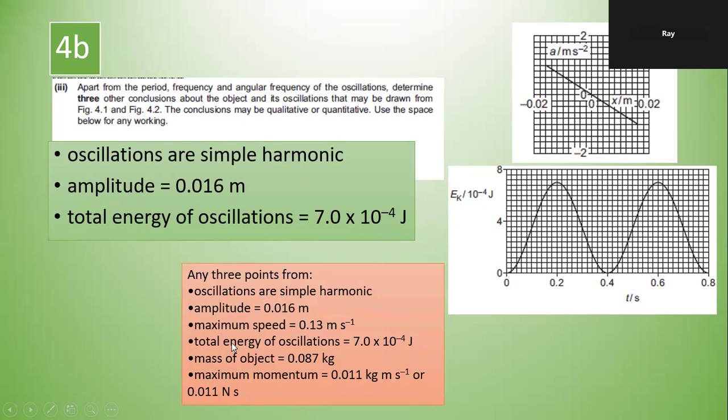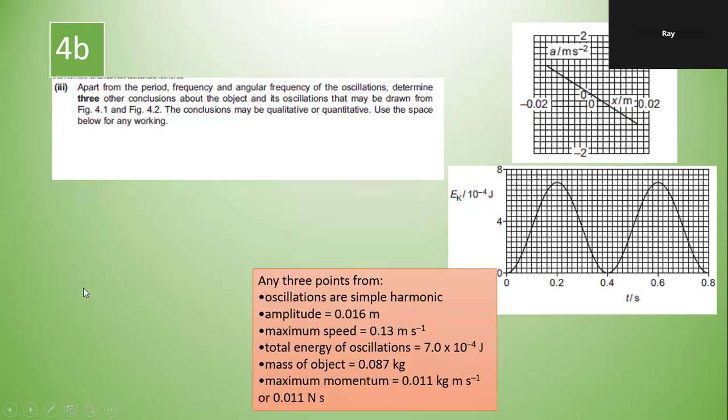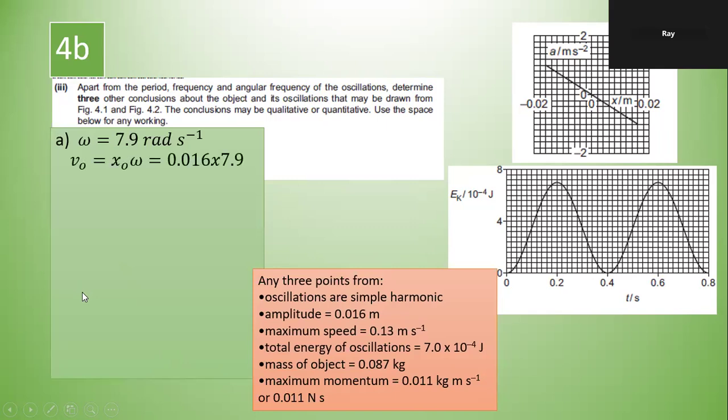Or any others; these are the others that they will accept. But make sure you know how to calculate. Omega we have already calculated, so they won't accept that. And v0 equals x0 omega times that, you get your maximum speed.